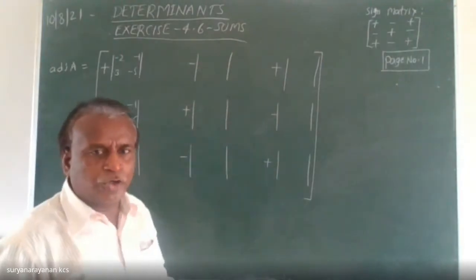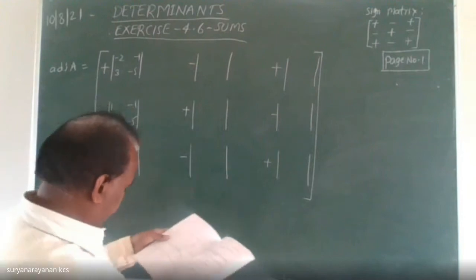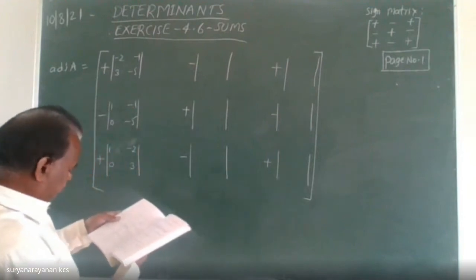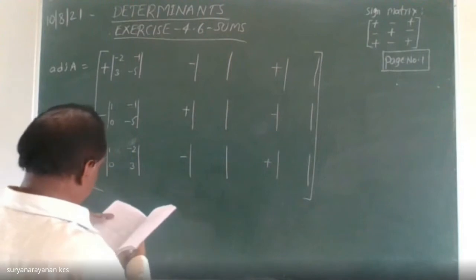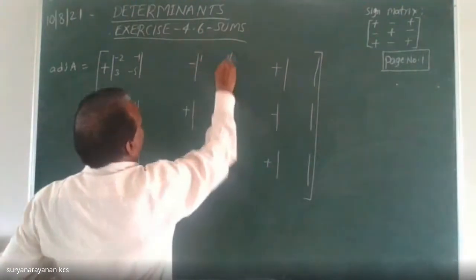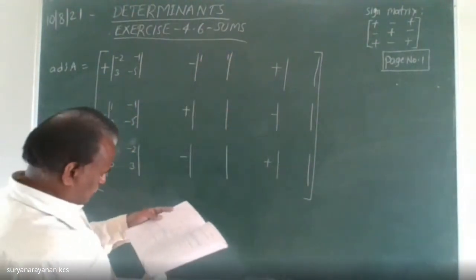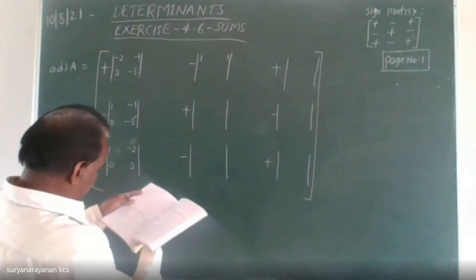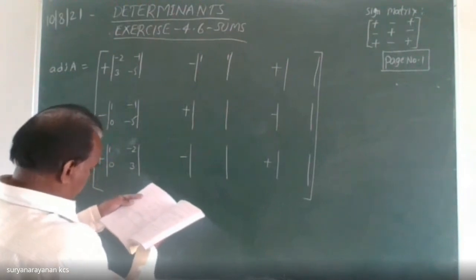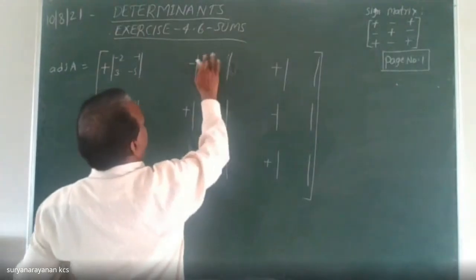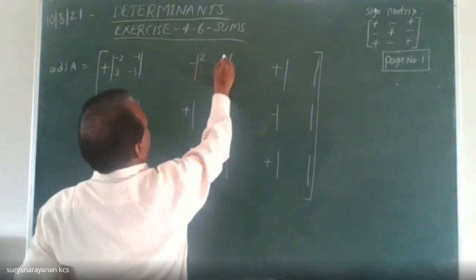Now write these elements. Take the second row. Tell me the 1, 1.